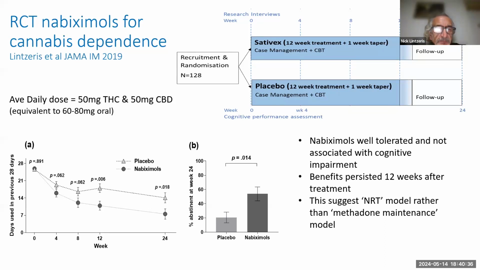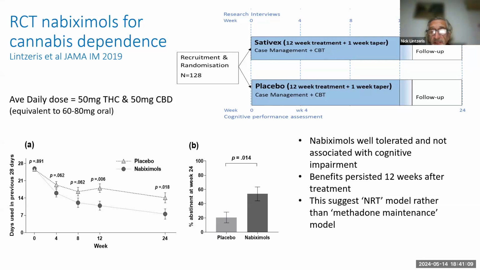On the left there on the panel, you can see what happened to the days used of illicit cannabis. Basically, there was less cannabis use in the nabiximols or Sativex arm than the placebo arm, and that was a significant difference. But what was really interesting is that when we followed people 12 weeks after we stopped the medication and stopped the counselling, you can see there that people did not necessarily relapse.